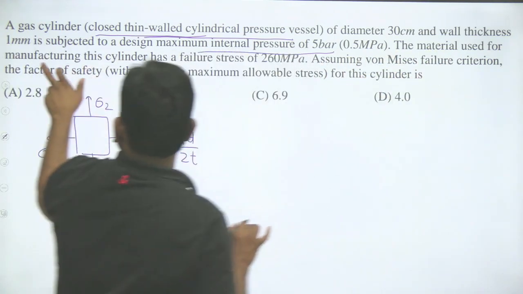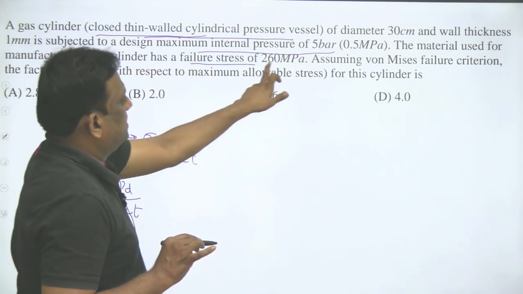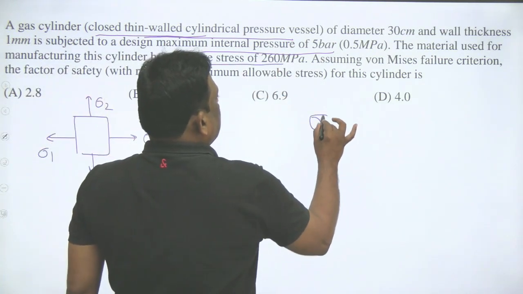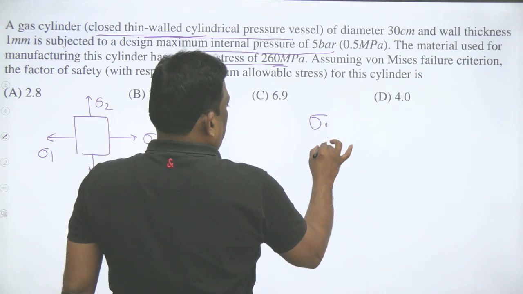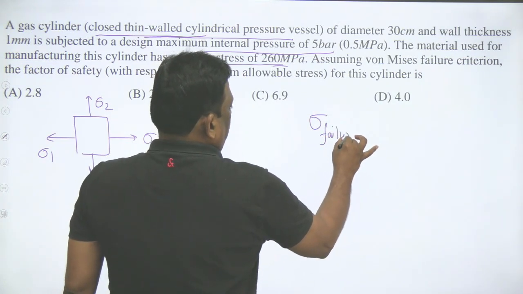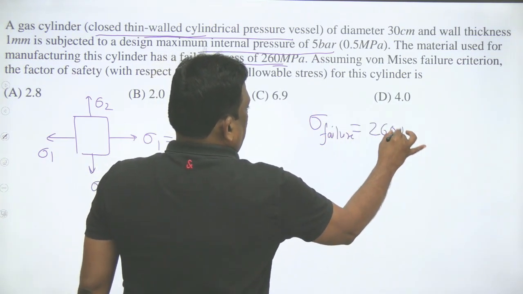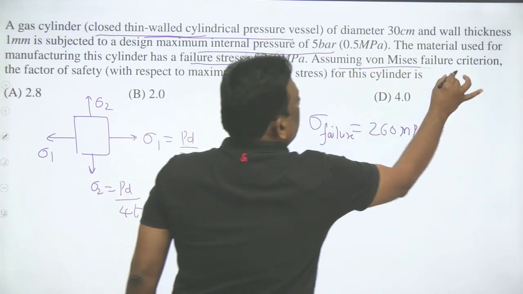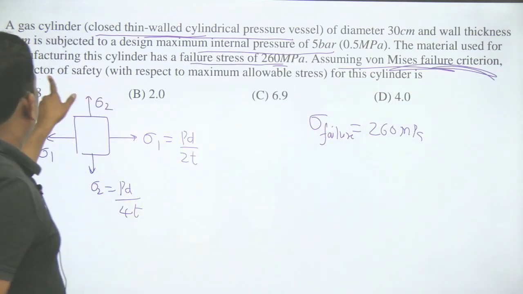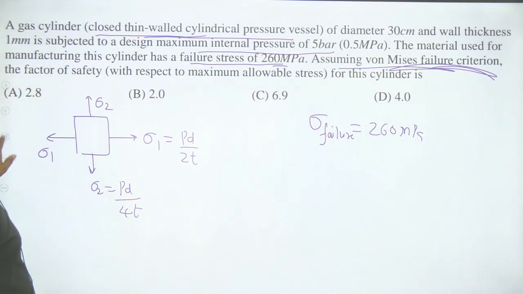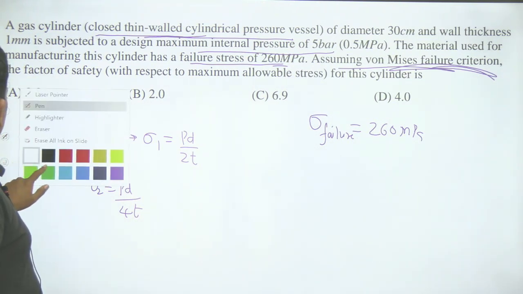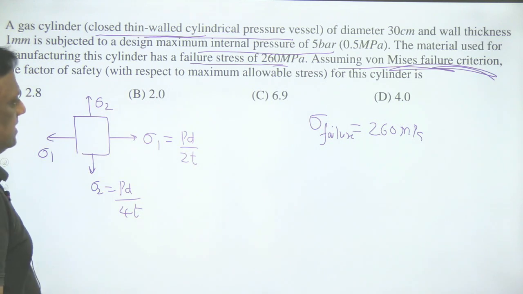The material used for the manufacturing has a failure stress, the maximum stress, of 260 megapascal. Assuming von Mises criterion, he is asking what the factor of safety is.